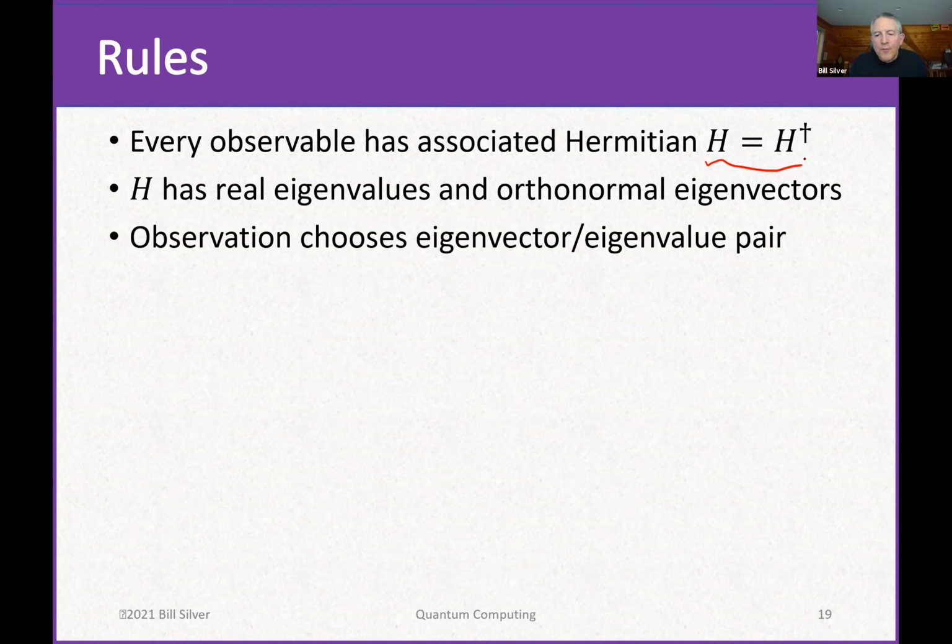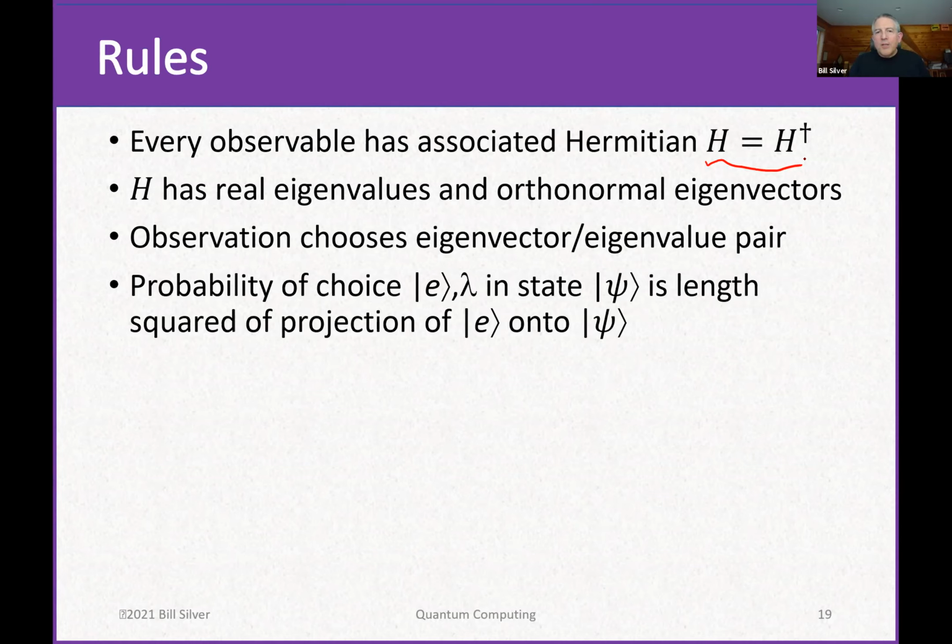When you observe a quantum system, the observation has the effect of choosing somehow one of these eigenvector-eigenvalue pairs. And that choice has a certain probability. The probability of choosing a particular eigenvector and eigenvalue in a particular quantum state is the squared length of the projection of this eigenvector onto that state.